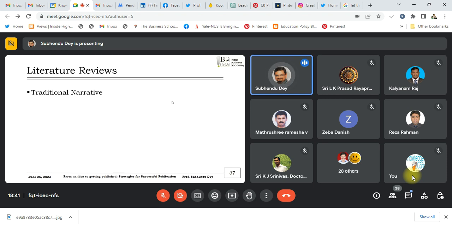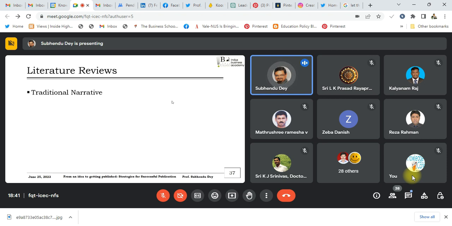So I'm not really going to be so meticulous in following each and every step which a systematic literature review follows.